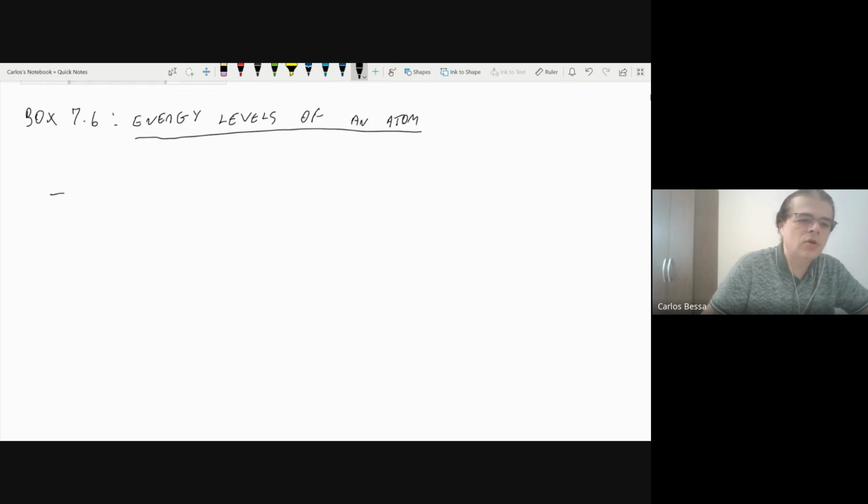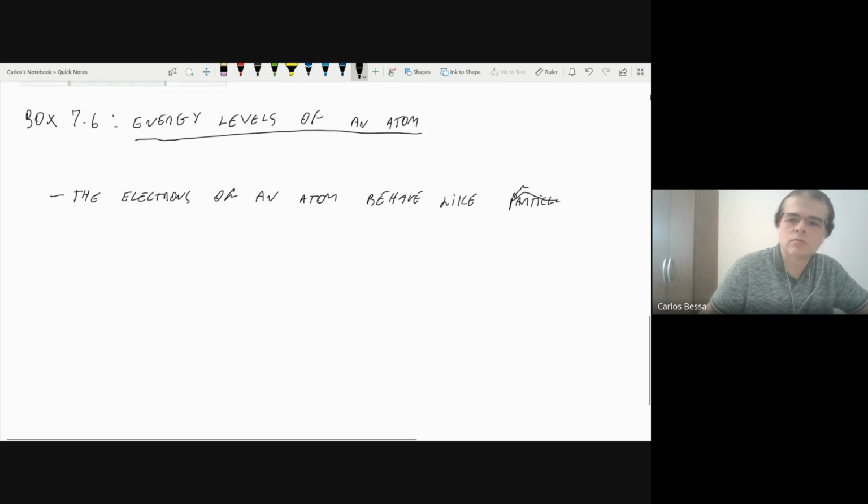So, in general, the electrons of an atom behave like particles in a three-dimensional box.